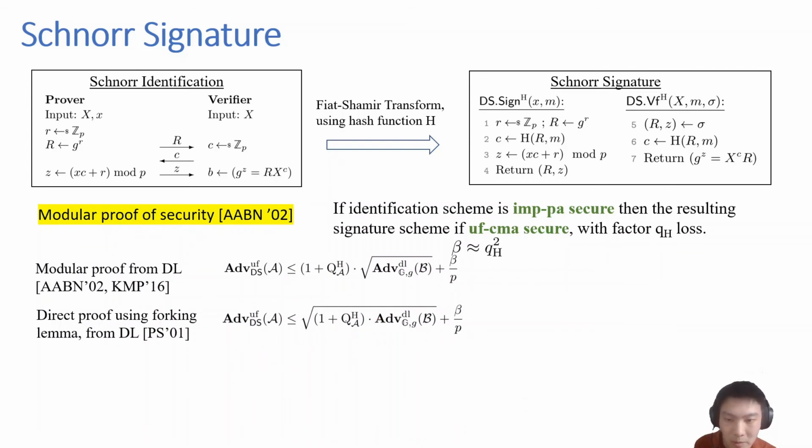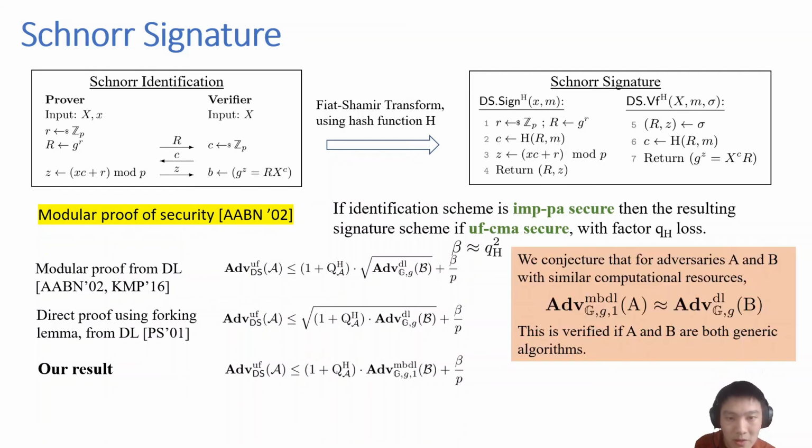Therefore, the eventual bound is a bit tighter. And our result says that actually no square root is necessary here. But we instead will rely on the hardness of MBDL instead of just discrete log. And we conjecture that for adversaries A and B with similar computational resources, MBDL and DL should be equally hard. And this has been verified if A and B are both generic algorithms, as we have demonstrated before.